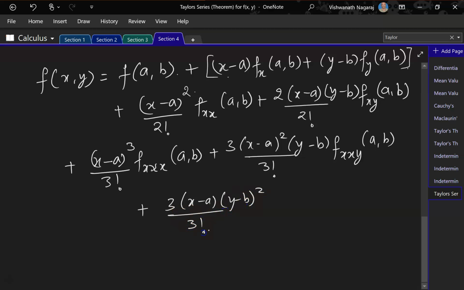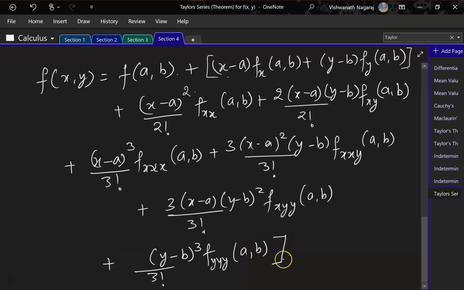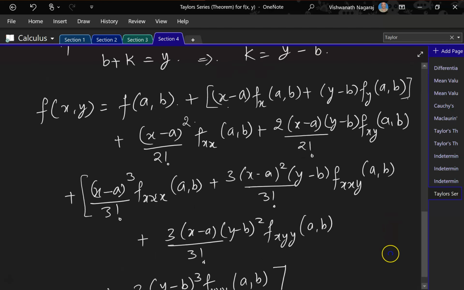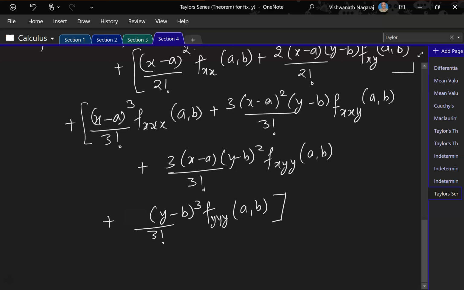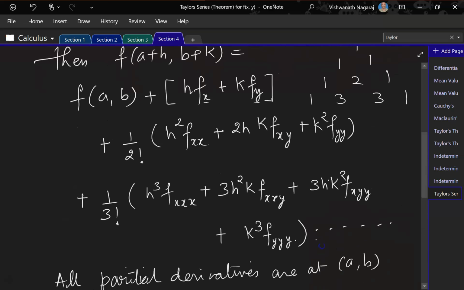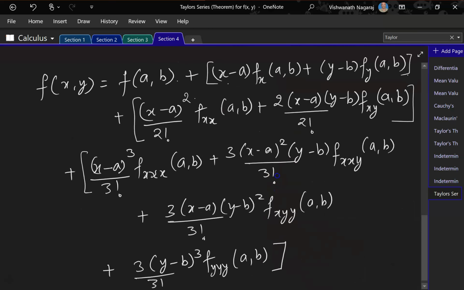You have to be very careful while writing this. And finally plus y minus b cube by 3 factorial f yyy of a comma b. Looks very complicated. Just study it. If you remember this, just by doing the substitution in place of h and k, you will get this, and so on.